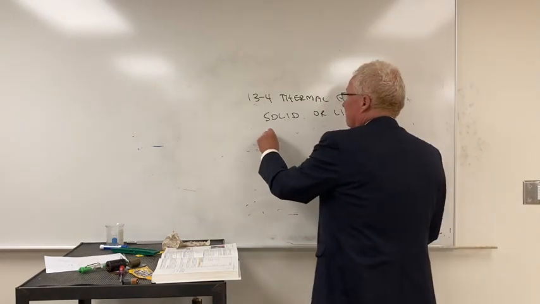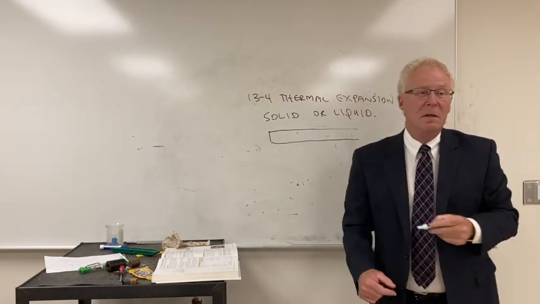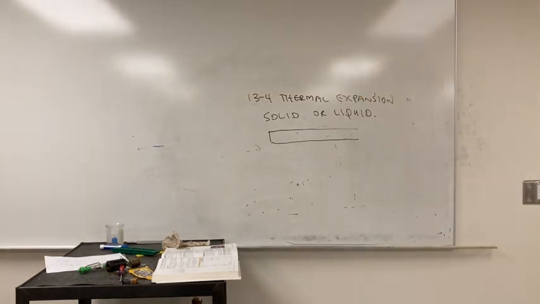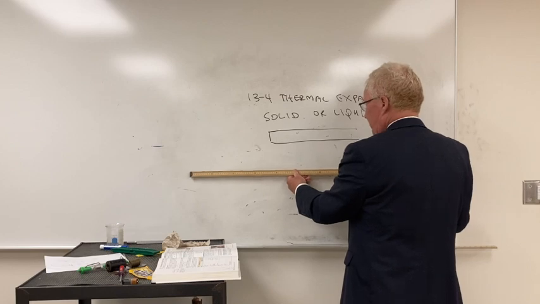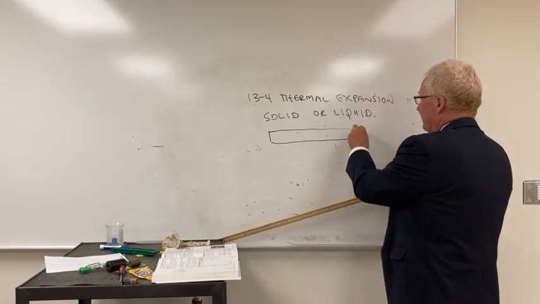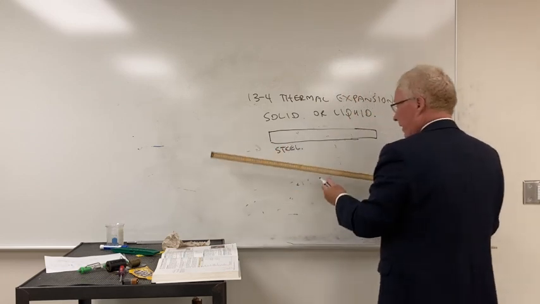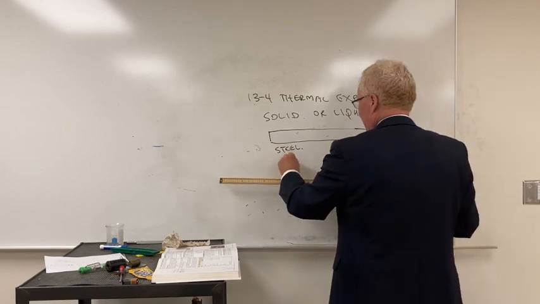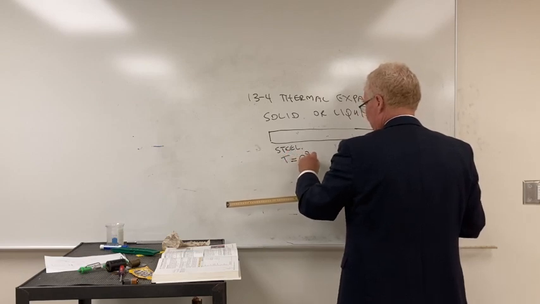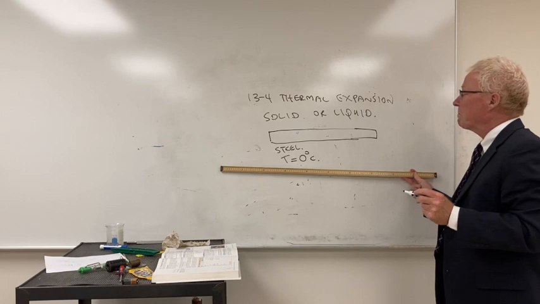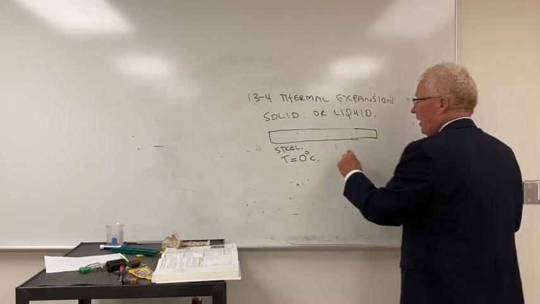So we talk about measurement, and an example might be, say this meter stick was made out of steel. Say we have a 1 meter length, made out of steel, and the temperature is at 0 degrees Celsius. So a cold day, and we warm it up till it's relatively hot.